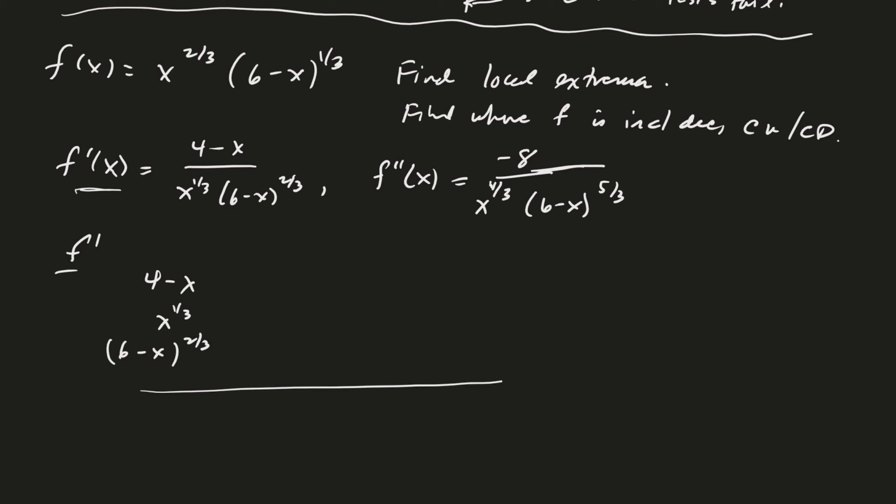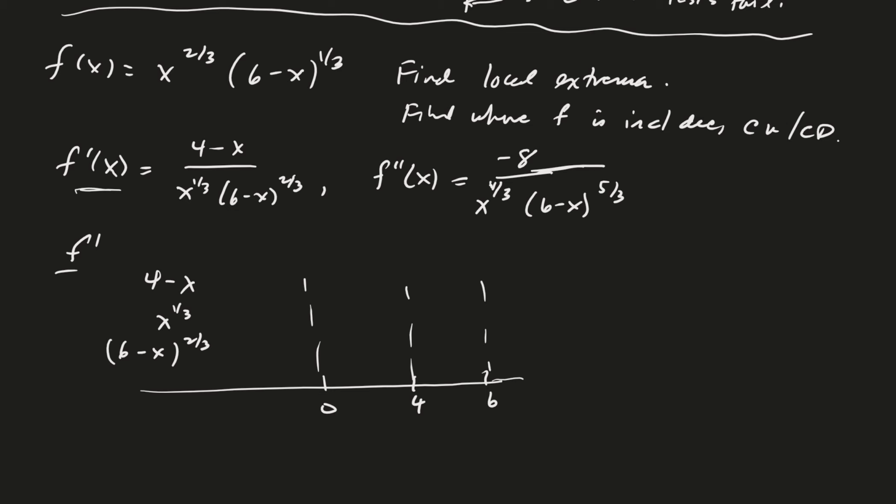And then under here, we'll write down where each of these is equal to 0. And so 4 minus x is 0 at x equals 4. X to the 1/3 is 0 at 0. And 6 minus x is 0 at 6. And so therefore our number line has been broken into 4 pieces.